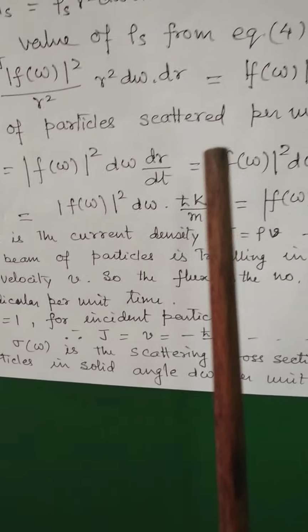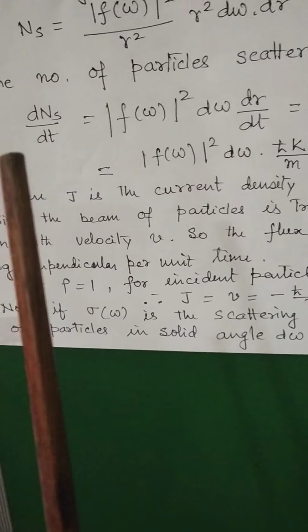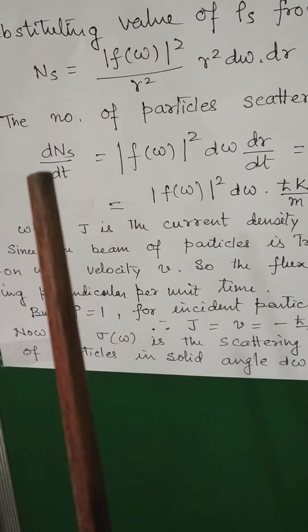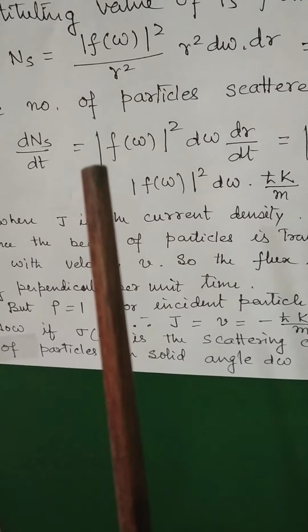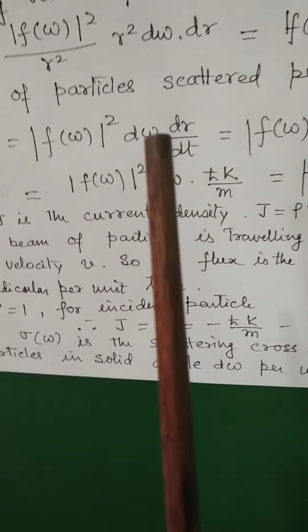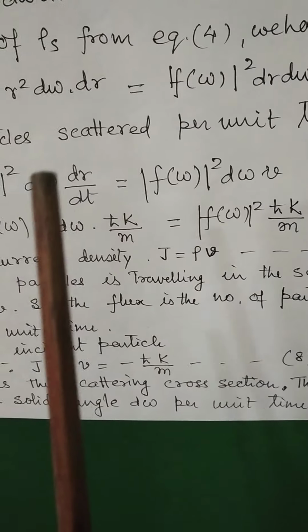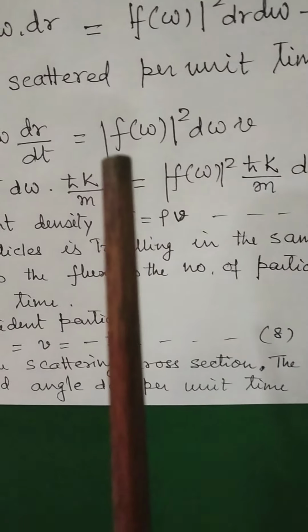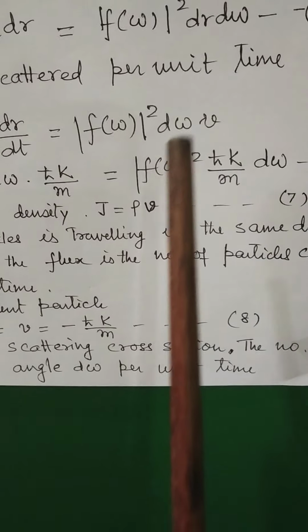The number of particles scattered per unit time is given by dns by dt. This is equal to f function of omega absolute value whole square multiplied by d omega multiplied by dr by dt. Now dr by dt is velocity. Therefore this is equal to f omega whole square d omega multiplied by v.